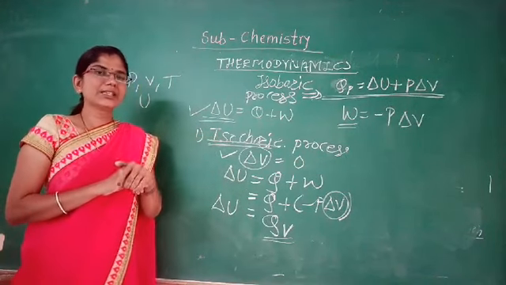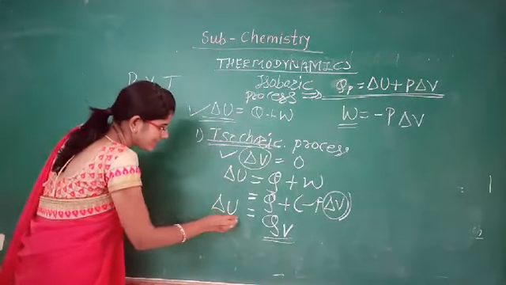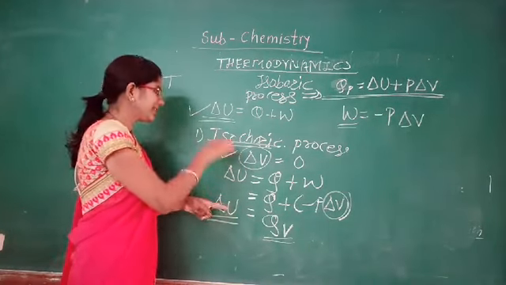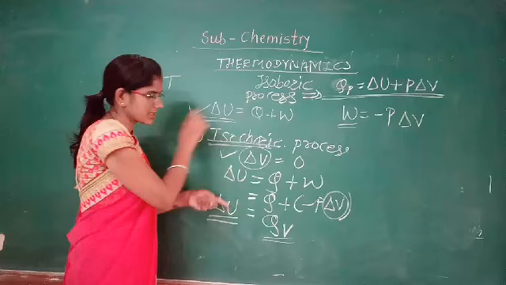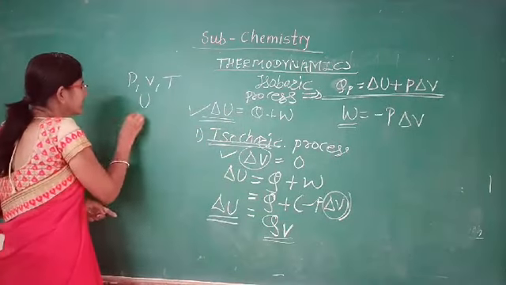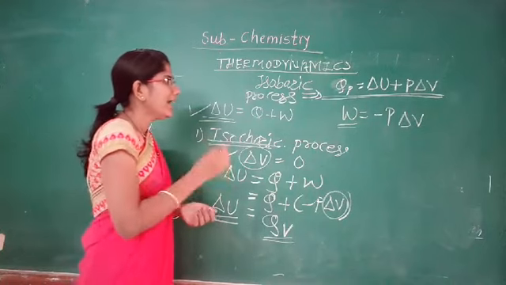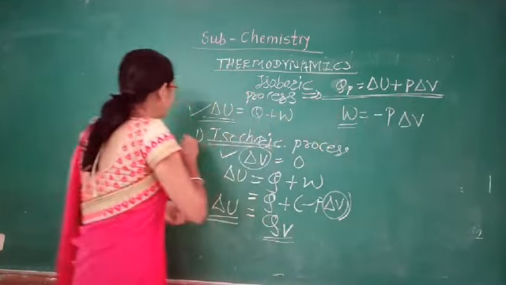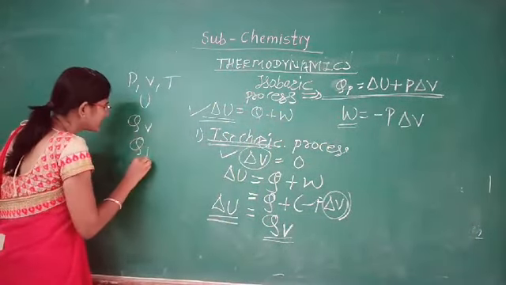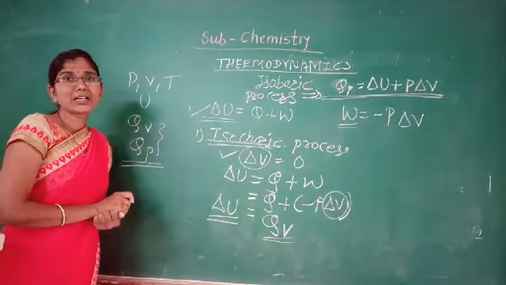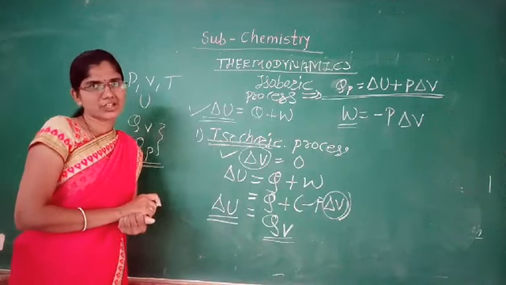Also here we have to add delta U, the change in internal energy, since internal energy is a state function, and therefore the heat at constant volume and also the heat at constant pressure, both of these are also state functions.